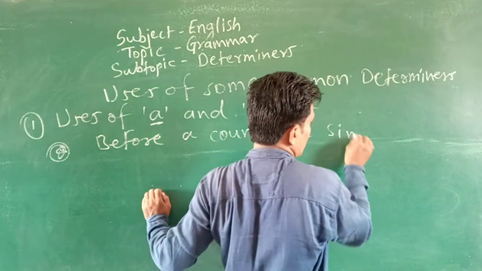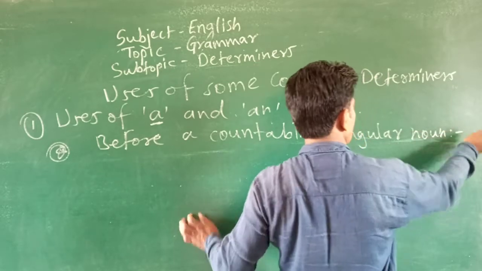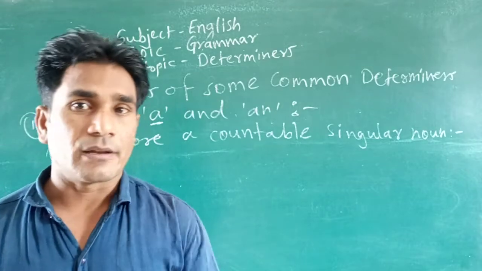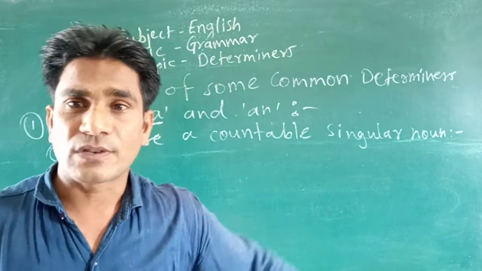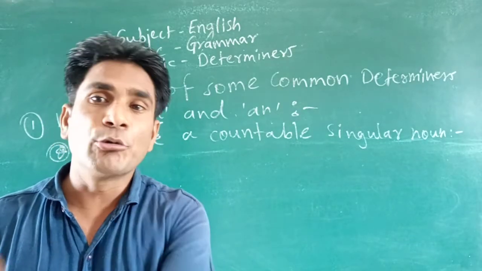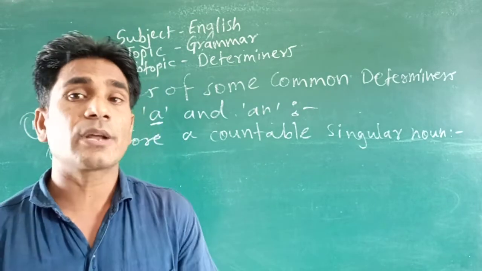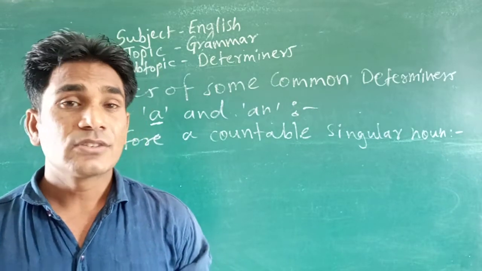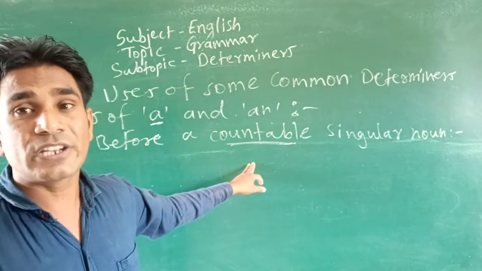Why have I mentioned countable? Because a or an can never be used before an uncountable noun. Uncountable noun के सामने a और an का use नहीं होता है. So that's why we have mentioned the word countable.